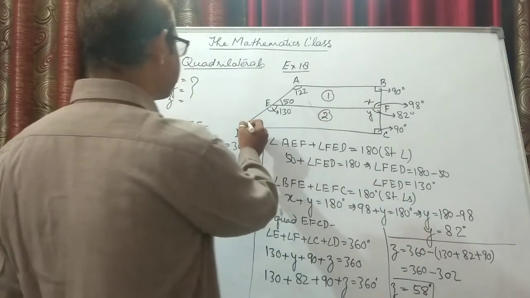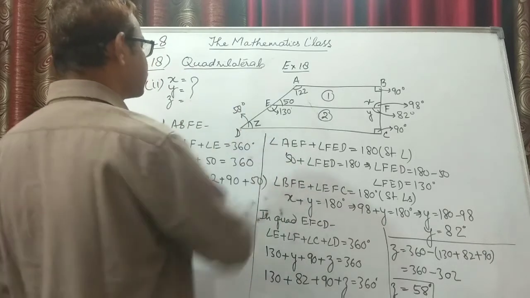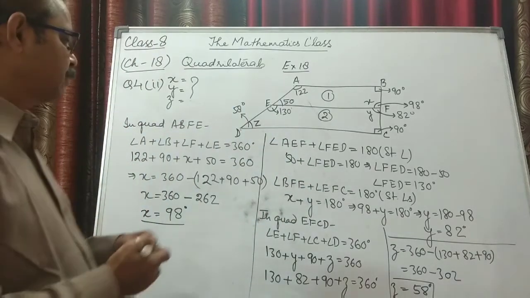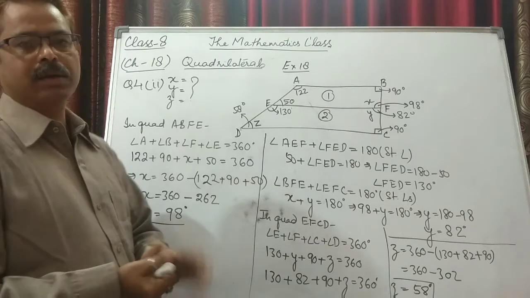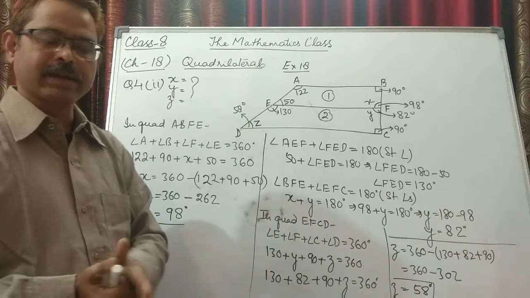So we got the value of Z also as 58 degree. This is the right way or right method to write the answer if it comes in the examination and you need to write it in this manner.